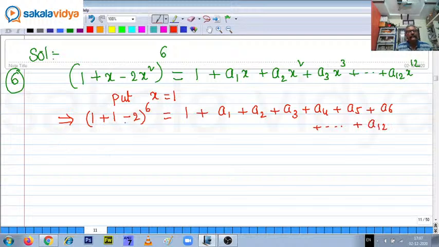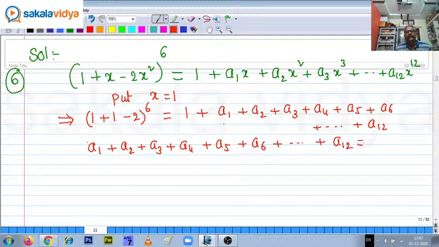So 1 plus 1 is 2, minus 2 is 0, and 0 to the power of 6 is 0. So you get a1 + a2 + a3 + a4 + a5 + a6 and so on up to a12 equals, this is actually 0, 0 minus 1 is minus 1. Say equation 1.